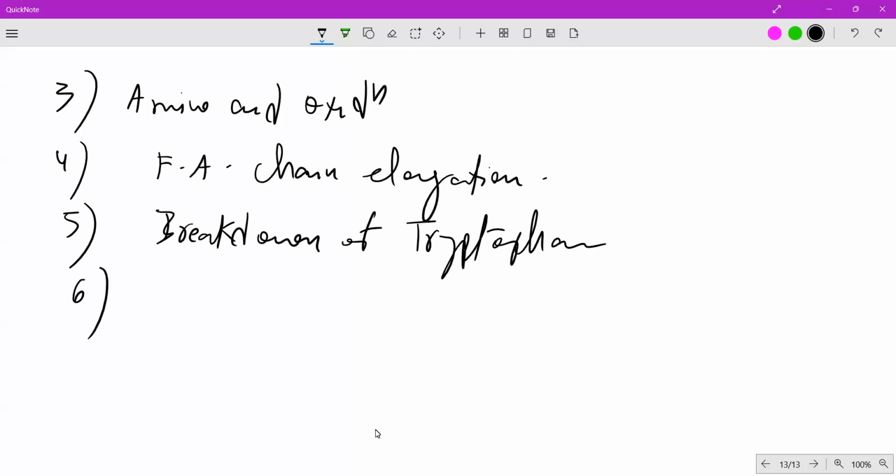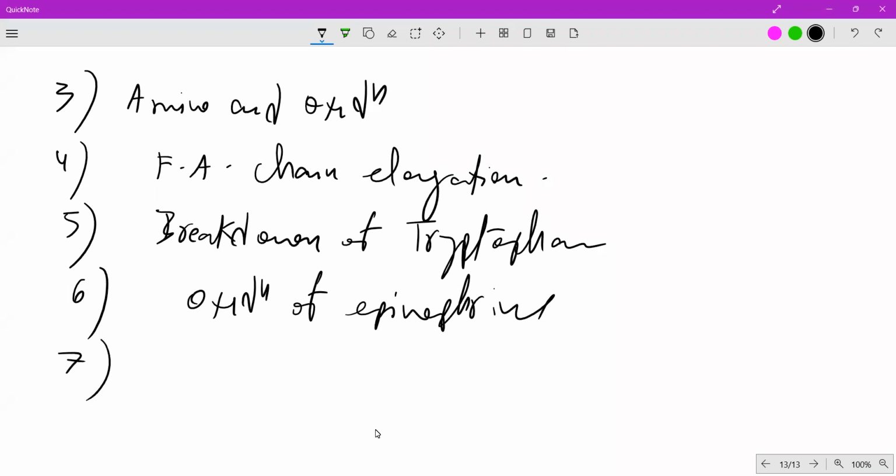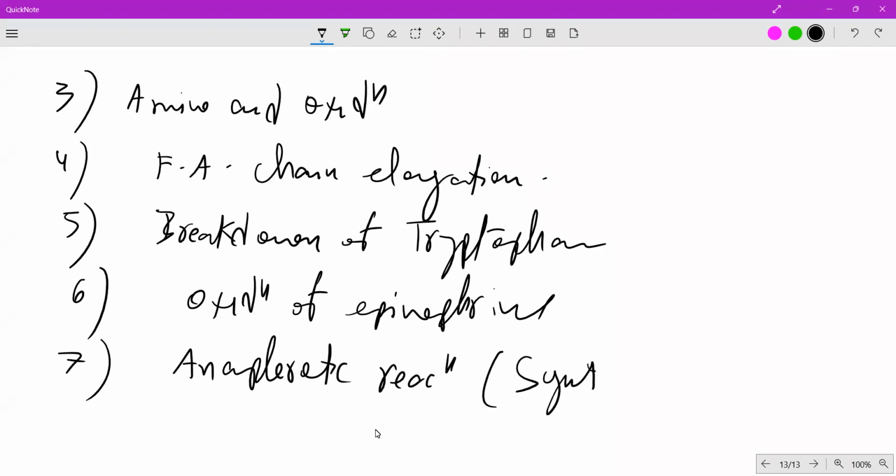Mitochondria is also involved in the oxidation of epinephrine. Mitochondria is also involved in certain anaplerotic reactions. मतलब synthetic reactions. ठीक है? We'll be talking about them later.